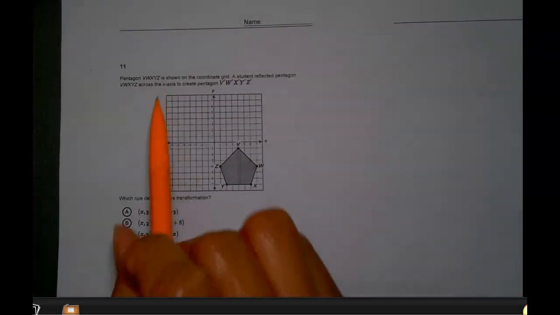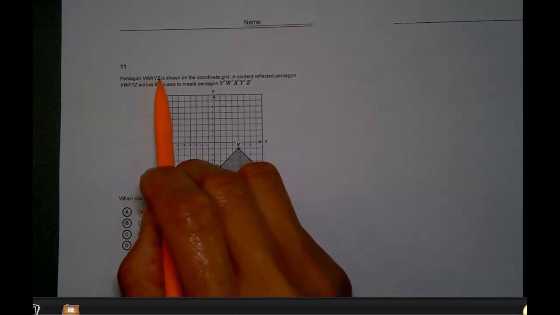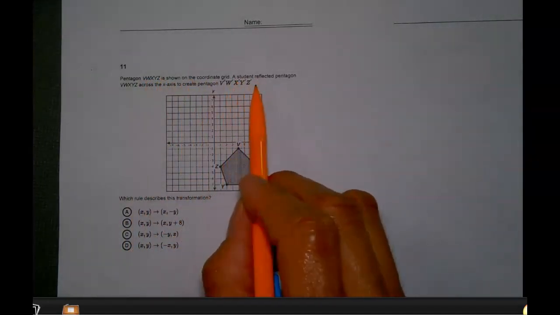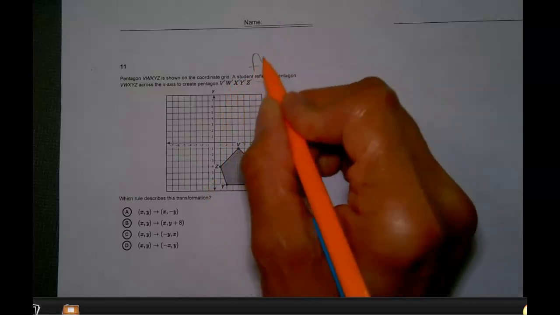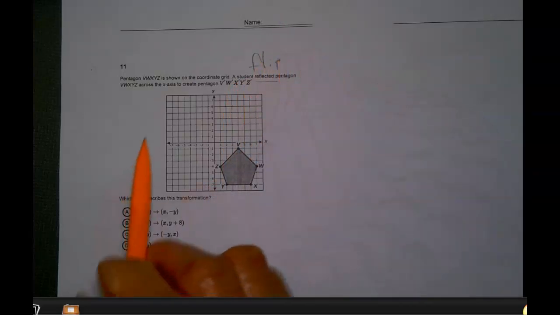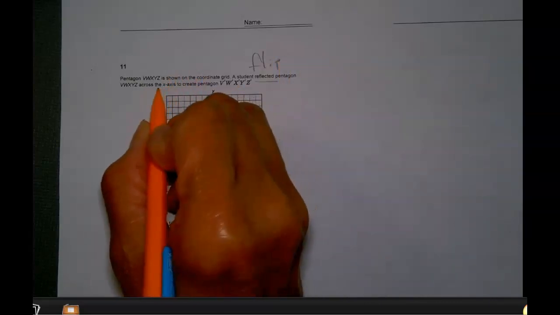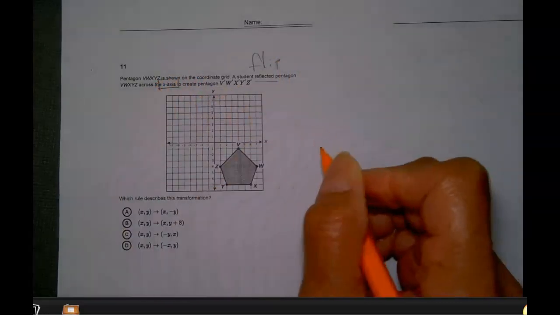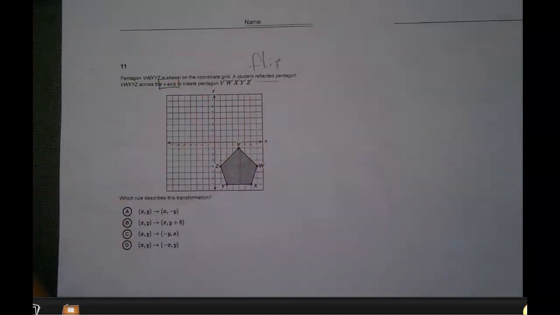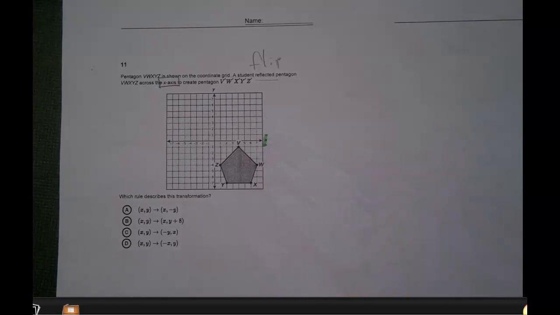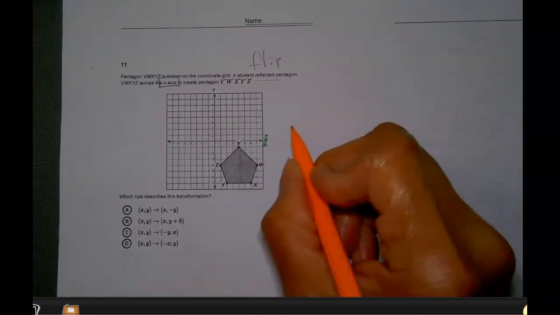So 11 says pentagon VWXYZ is shown on the coordinate grid. And the student reflected, so that meant it was going to be a flip to get the new, but it's across the x-axis. If it goes across the x-axis, that means that your y is going to be negative.